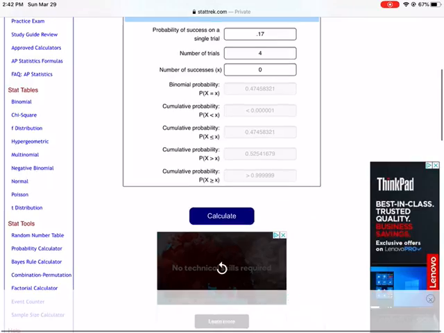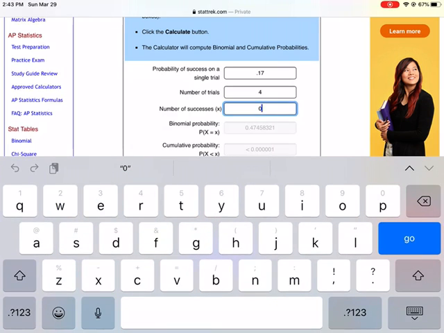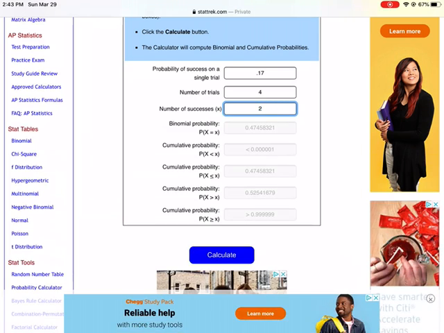Now you can use that graphing or that stat app that I showed you. Okay, so right here, we have. Here you are. Now we want to be at least 2, so that's greater than or equal to 2. So if I change that number of successes to 2, okay, greater than or equal to 2 would be 0.1, is that right? 0.17, 0.136.